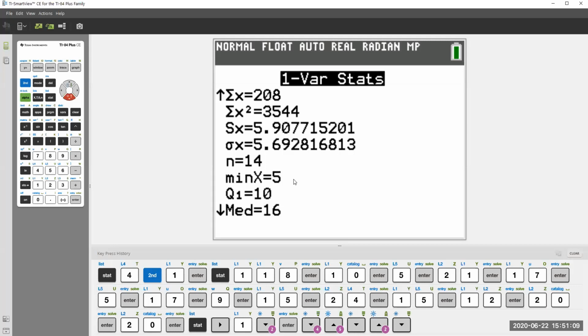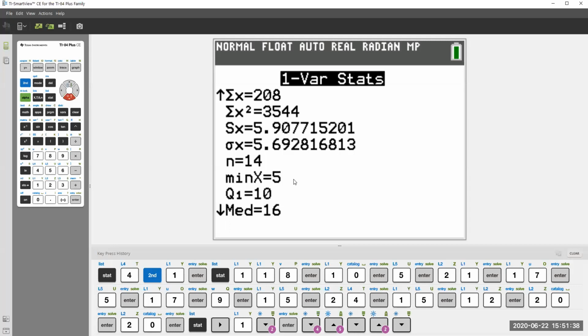The 17. The 15. Right, they all have the same frequency.